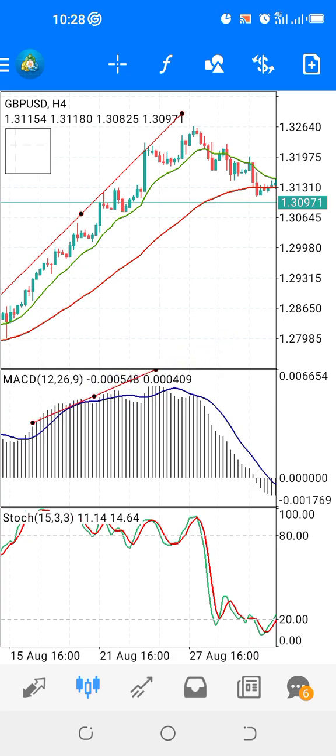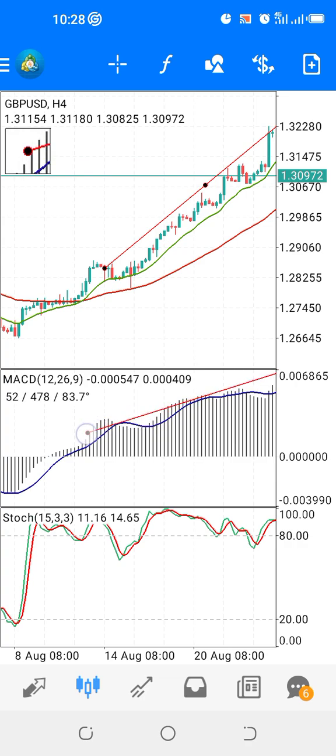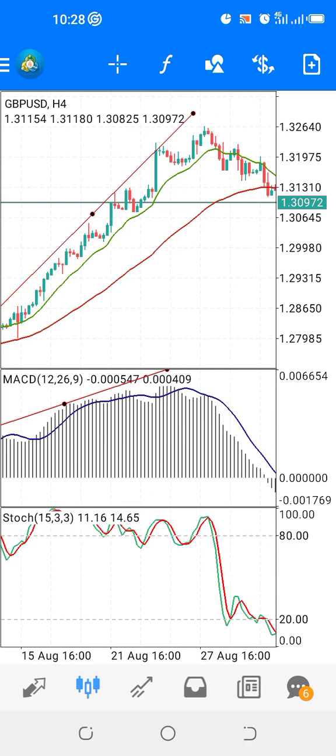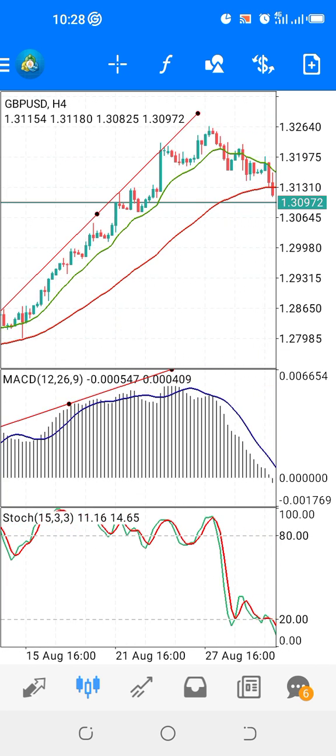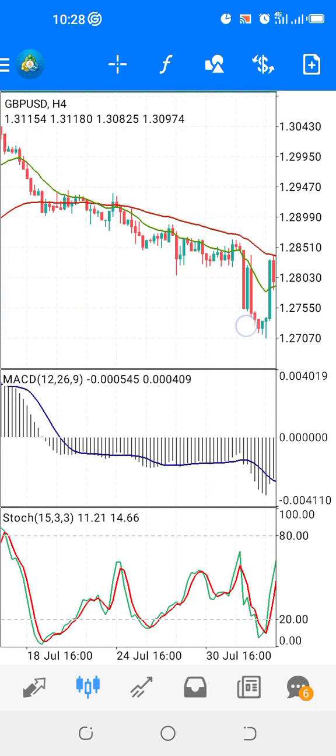You can see price is making a higher high. Oscillators are making what? A higher high, from one point to the other. So when price and oscillator move hand in hand, if price moves higher high, oscillators also move higher high.